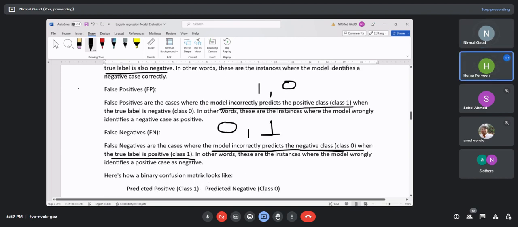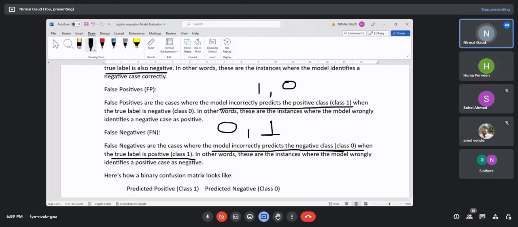Yes, please say. False positive: the model incorrectly predicts positive class 1 when the true label is negative 0. What did they tell? Your label was 0 and it predicted 1. That incorrectly predicts the positive class 1 when the true label is 0. What does it mean?